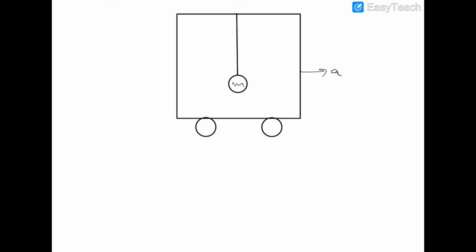Now if this cart is moving in the forward direction like that, we know that in this case the pendulum would not be vertical in the mean position, and therefore it would be like that, because a pseudo force of ma would be acting in the backward direction, and mg would be acting in the downward direction.